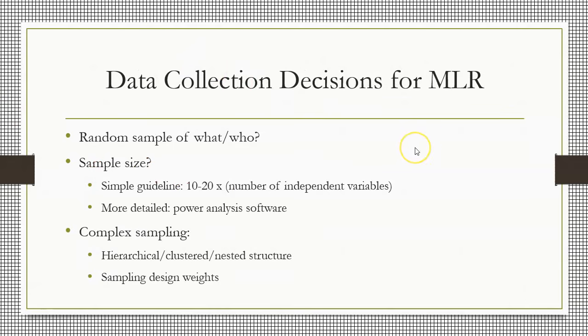Okay, some things to think about when you're collecting data for your multiple linear regression. Once you've decided on your variables and so forth, random sample of who or what. Whoever you have a random sample of, that's the people you can make generalizations back to. That's the strict interpretation. The looser interpretation that very often comes up in the social sciences is, well, I can't really get a random sample, but my group is similar to or representative of a larger group.